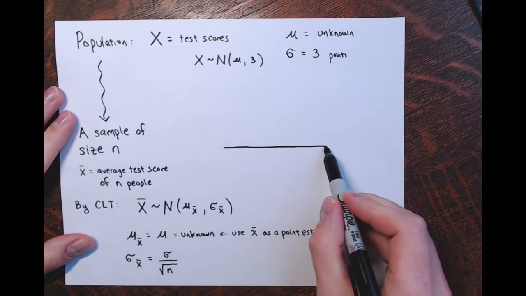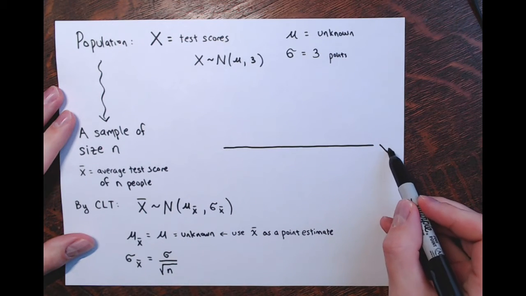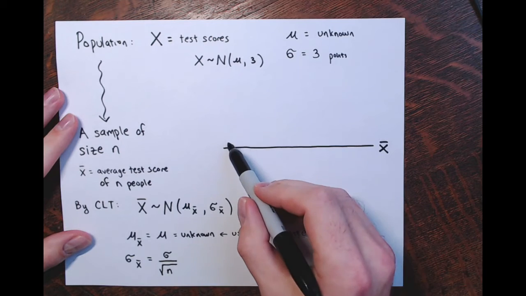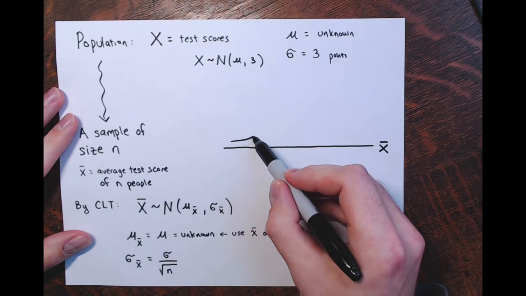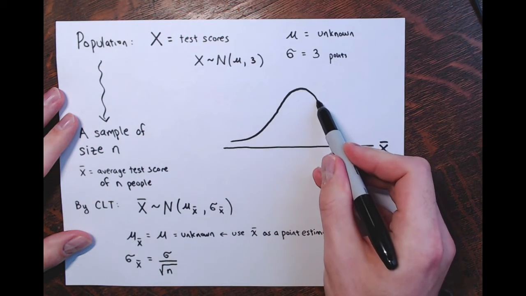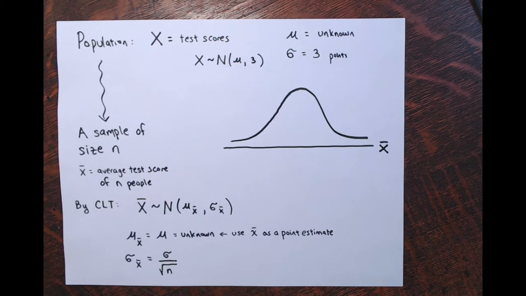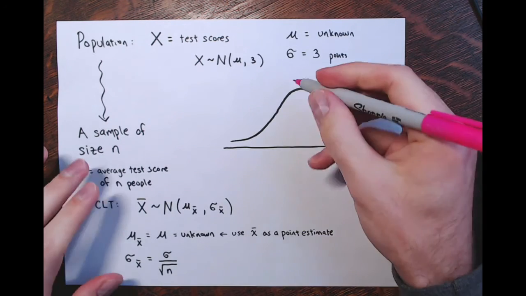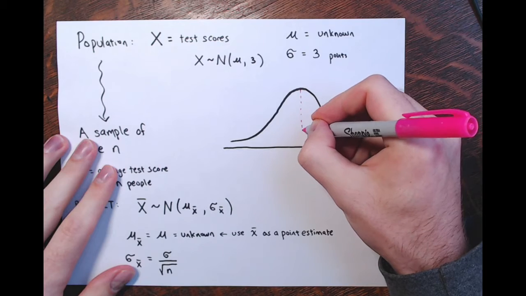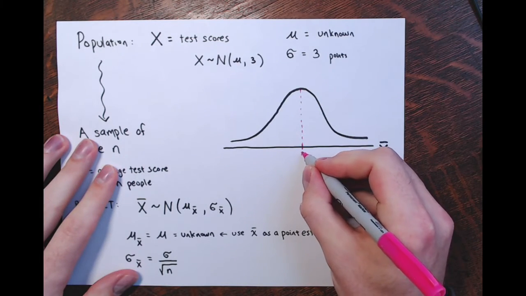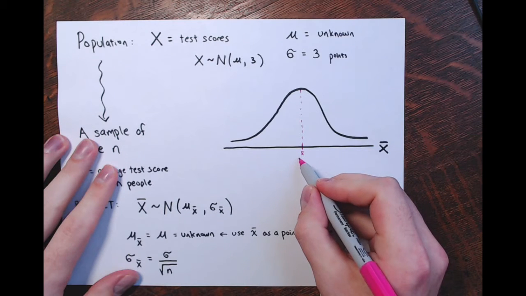So here's a number line representing different possible values of the sample means, different possible values of x bar. And x bar is normally distributed, so I have a nice, smooth, symmetrical bell shape there. Then under the peak would go our point estimate, the x bar, our sample mean.